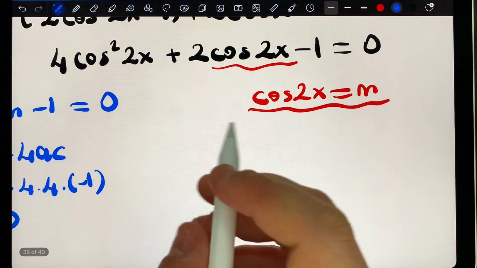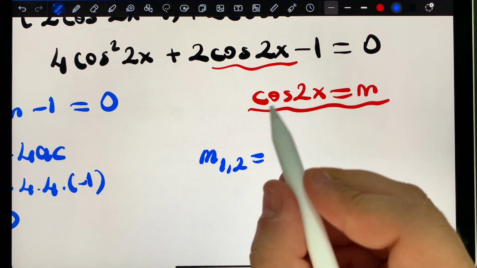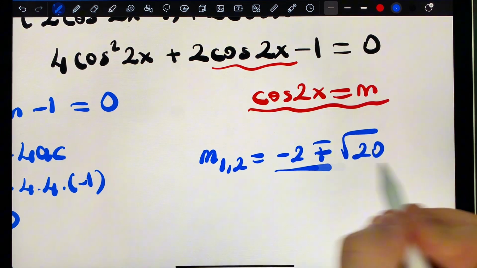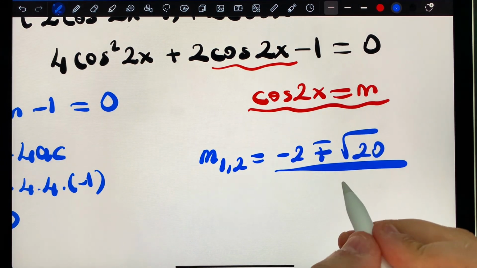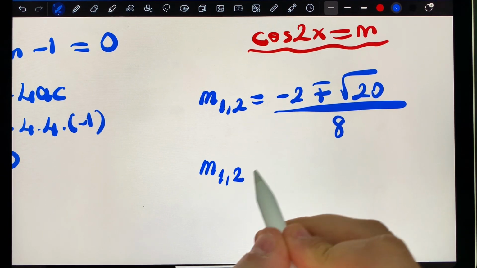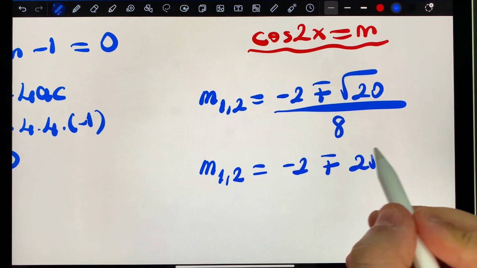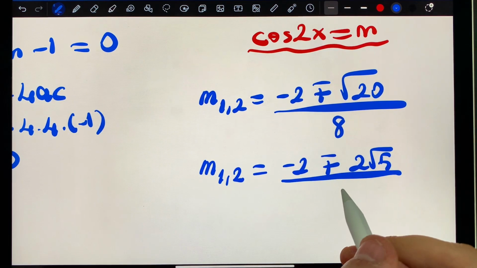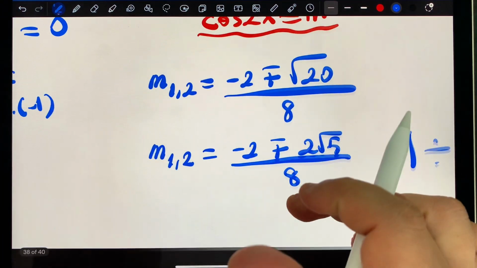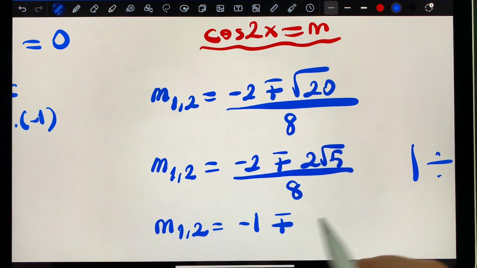Let's write it right here. m1,2 is equal to minus b plus minus root of delta over 2a. Minus 2 plus minus root 20 over 8. Root 20 comes out as 2 root 5. What do I simplify all sides with? I simplify it with 2. In this case, m1,2 equals minus 1 plus minus root 5 over 4 will come.